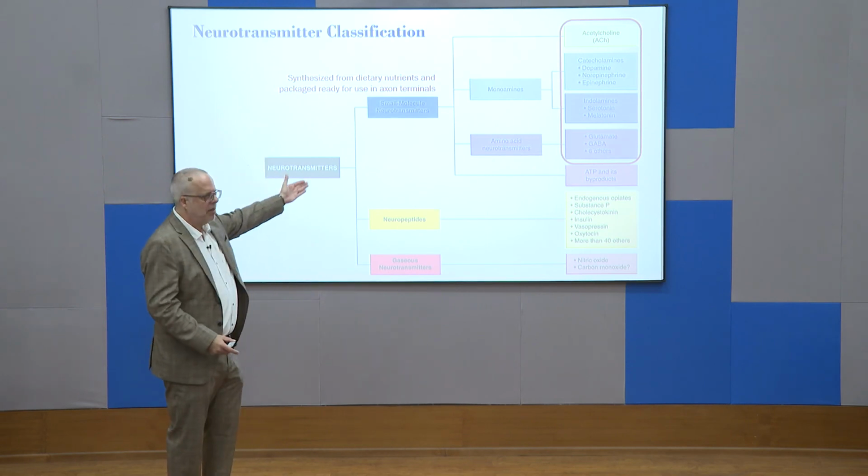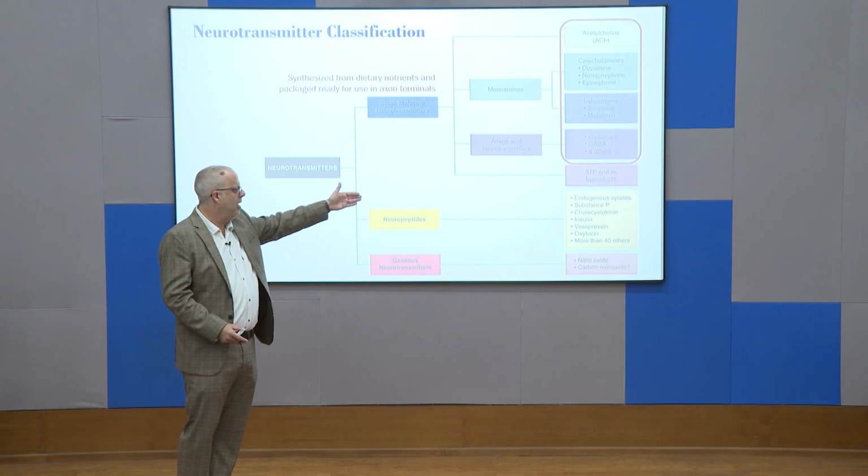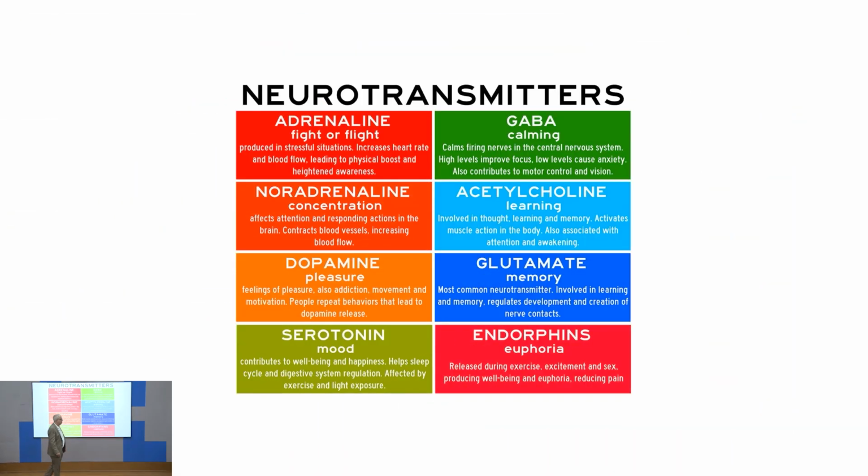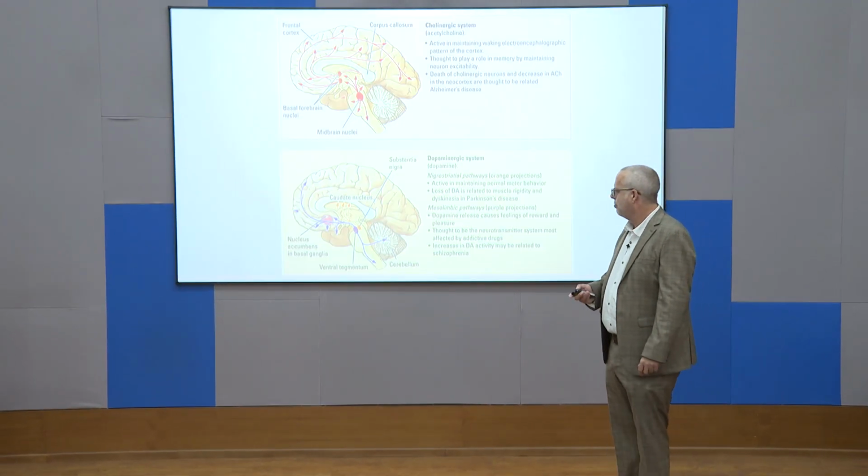So in the examples that I just showed you, we can have any of these neurotransmitters being released. And beyond this, we also have endorphins, which are released when you get that runner's high, for instance. Serotonin is involved in mood, noradrenaline involved in concentration. So again, I think most people are probably familiar with many of these names for neurotransmitters.